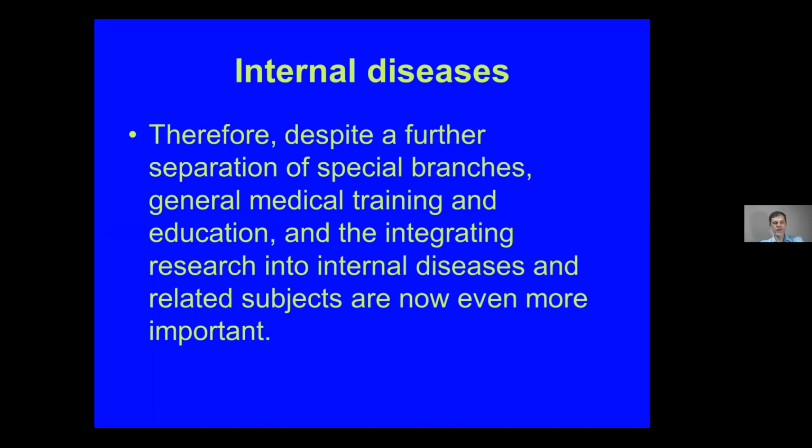If a patient with peptic ulcer has bleeding, of course, already this is not internal medicine. This is already surgery. A surgeon will do something, operate, or stop the bleeding somehow. That's why, again, in many cases it is very difficult to separate these diseases into therapy or surgery.